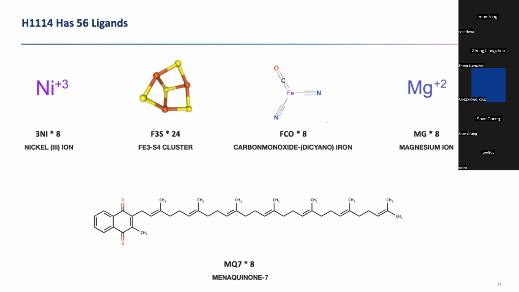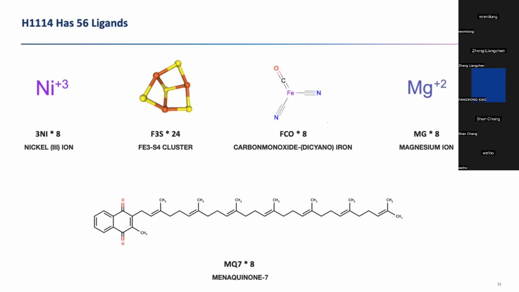So this is a structure. As I mentioned, there are 56 ligands in there, and it's really a wide range. So there's nickel ions, there's this iron sulfur cluster, there's this carbon monoxide dicyano iron, a magnesium. So all sorts of small ions, etc. And then down at the bottom, we also have this organic molecule.